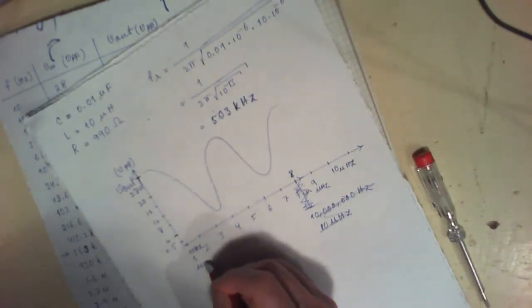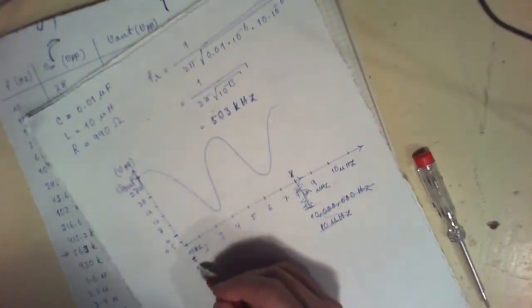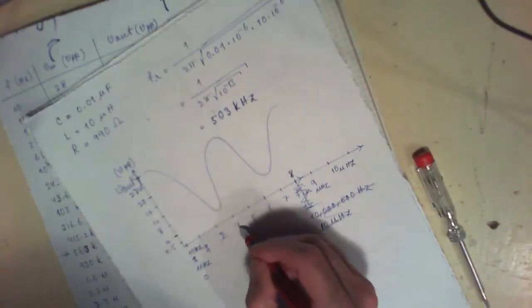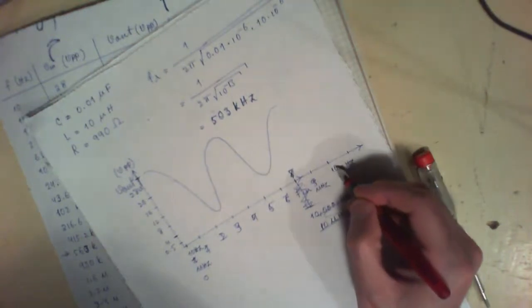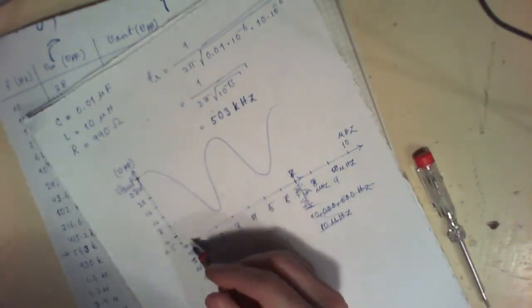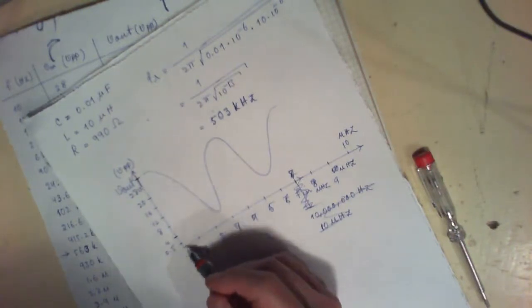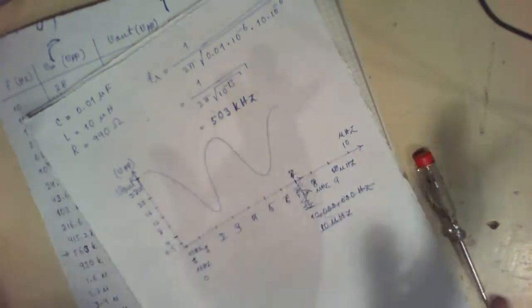This is 1 megahertz. Of course I could start from 0 megahertz, and say this is 0, 1, 2, up to 10 megahertz, but then each division becomes 1 megahertz, which is 10 raised to the power 6 hertz, 1 million hertz.